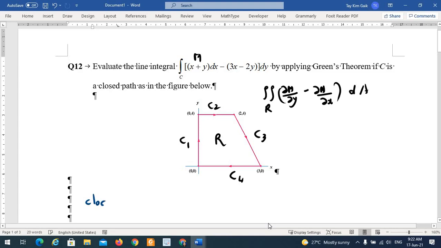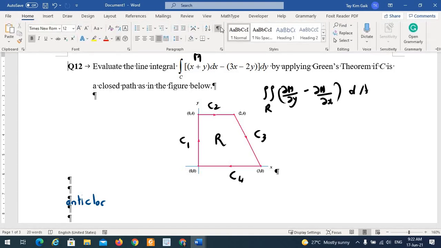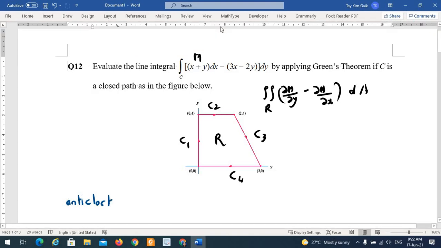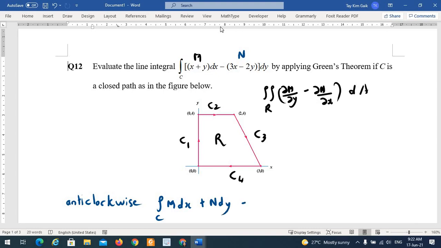Normally anti-clockwise: if this is M, this is N, the line integral of M dx plus N dy is a double integral of del x, coefficient of N, minus del y, coefficient of M, dA.